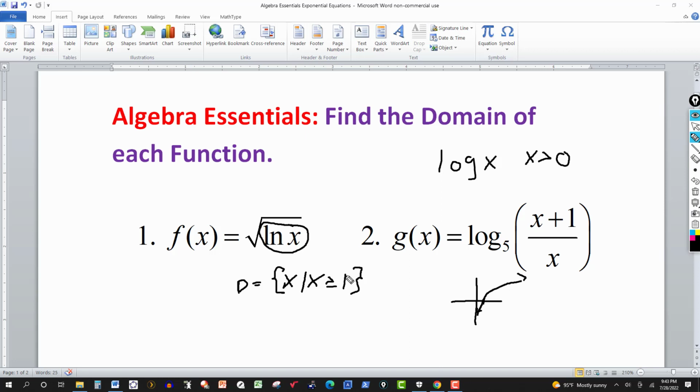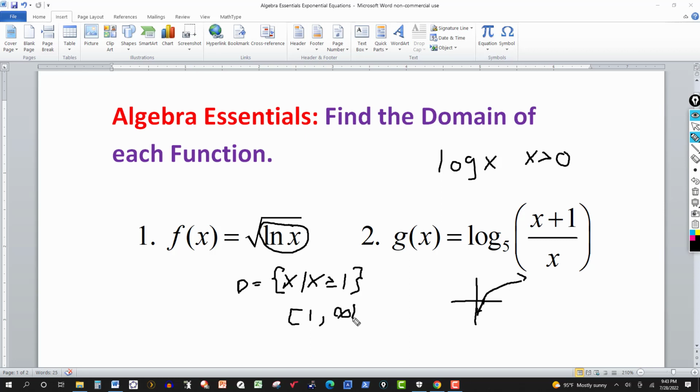Now if there's no square root, then all you want is that x is not negative or 0. So you would just say x greater than 0. But because of the square root, we don't want a negative quantity under the radical. So we write the domain this way, or in interval notation, brackets, meaning we're including 1, and then all the way to infinity.